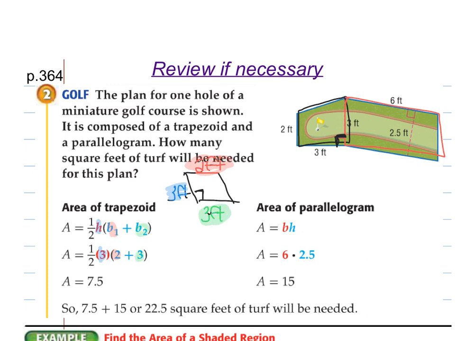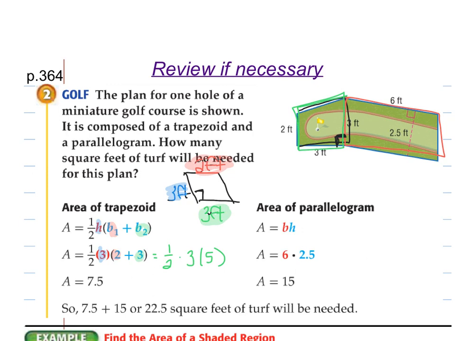So when we plug that in, we get A equals 1/2 times 3 times 2 plus 3. On the side here, this is going to turn into 1/2 times 3 times 5. When you solve that, you get 7 5/10. So the area of this trapezoid is 7 5/10.